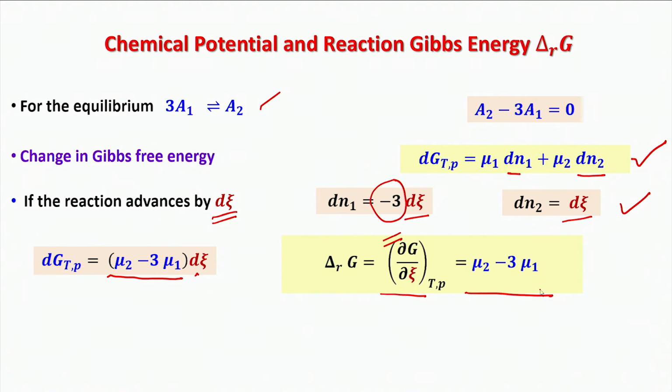So as you see, if I know how to write down this equation, I can immediately write down the reaction Gibbs energy in terms of the chemical potentials of the species present in the chemical reaction mixture, pre-multiplied by the coefficients which appear in this algebraic equation representing the chemical reaction.